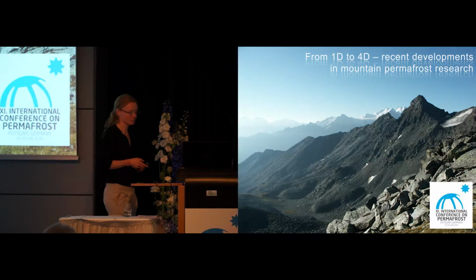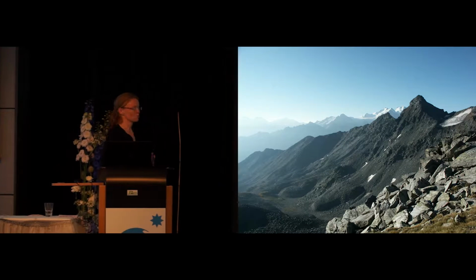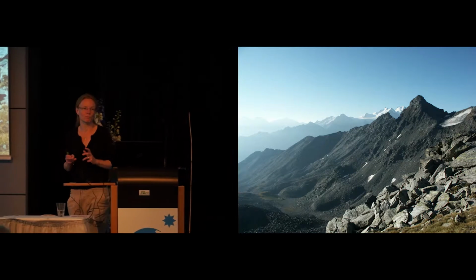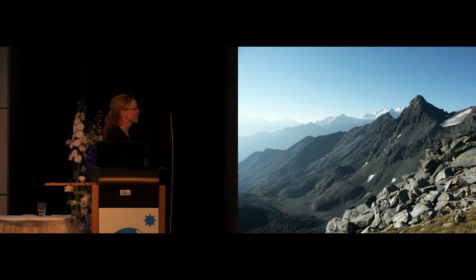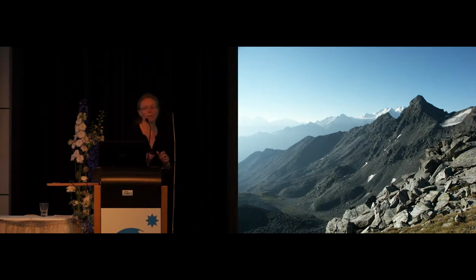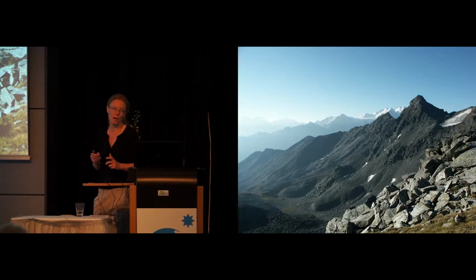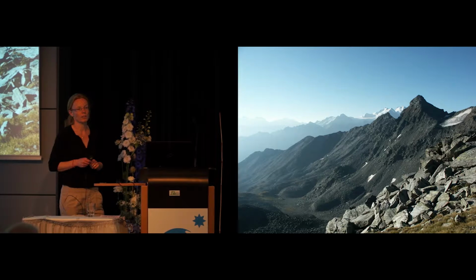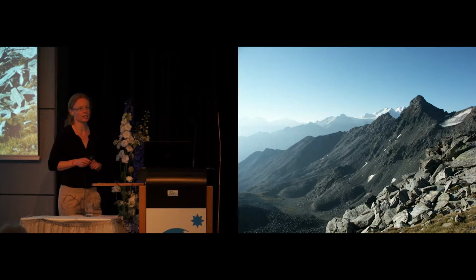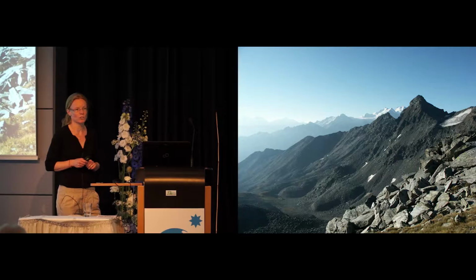So I'd rather want you to just sit down, have a look at this beautiful landscape we see in many mountain areas, and have a look at what the typical characteristics of mountains are, and how we can learn something about the occurrence and state of permafrost in mountain regions.